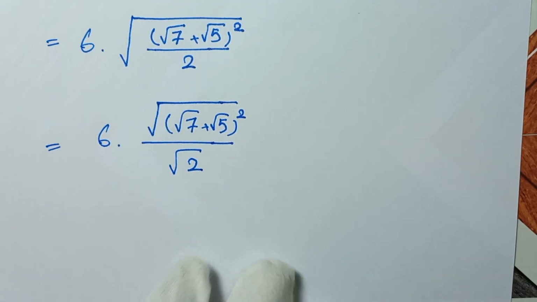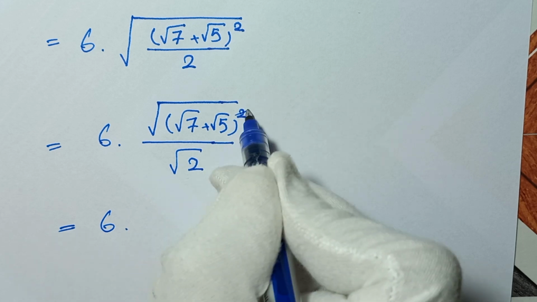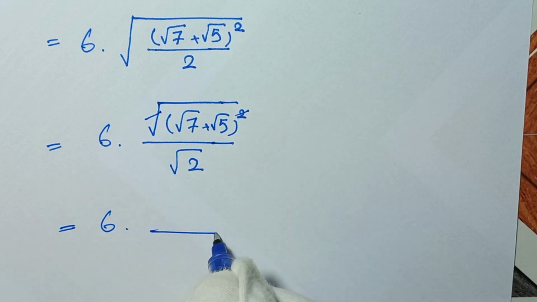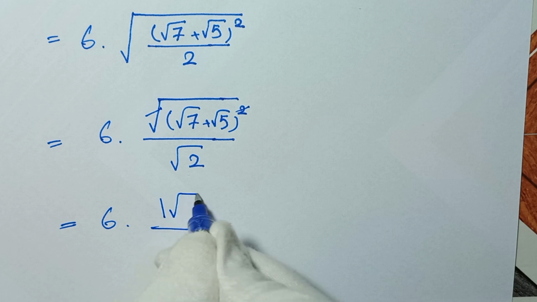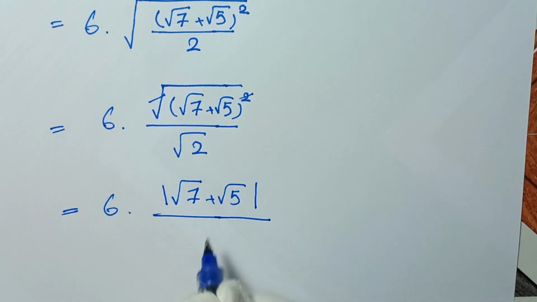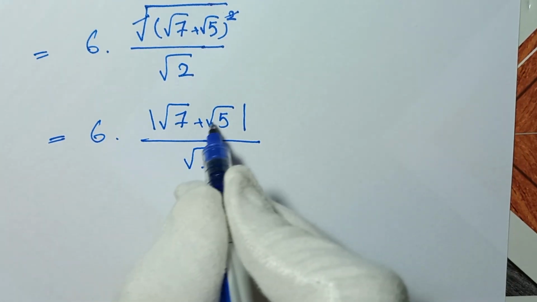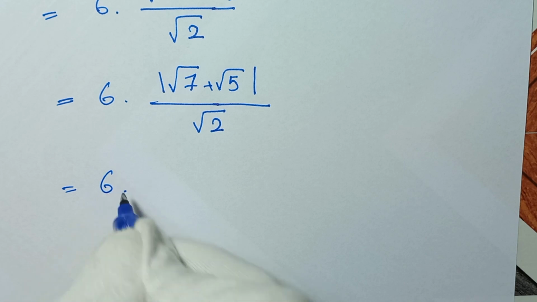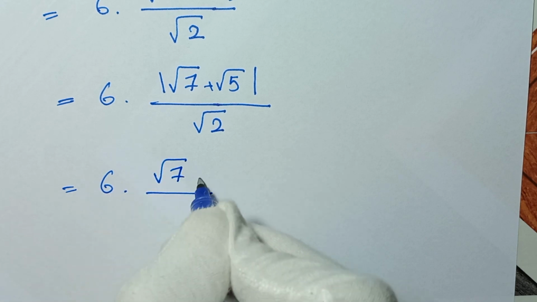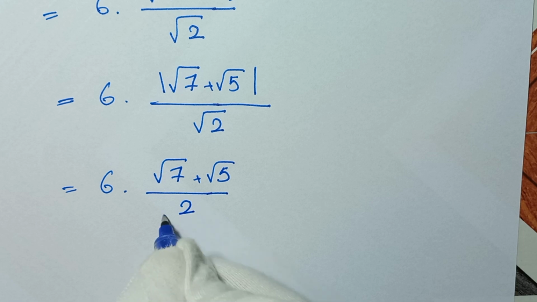The square root and the square cancel, and it will be the absolute value of the square root of 7 plus the square root of 5, over the square root of 2. The square root of 7 plus the square root of 5 is positive, so we can write 6 times the square root of 7 plus the square root of 5, over the square root of 2.